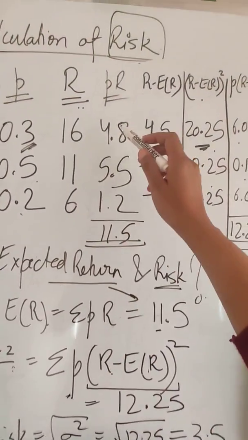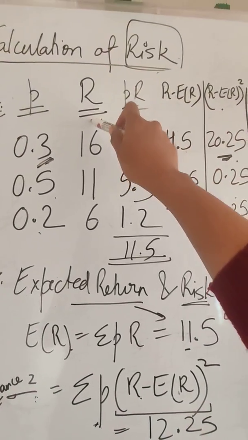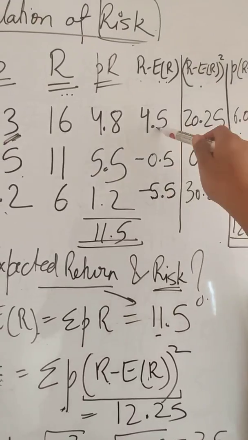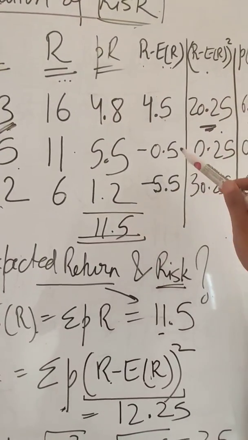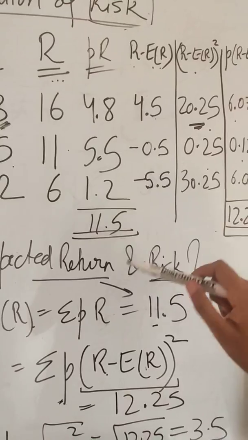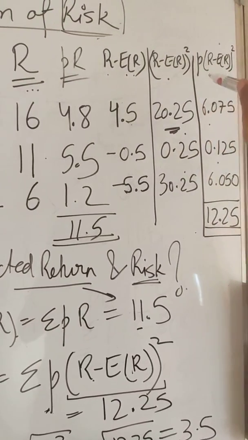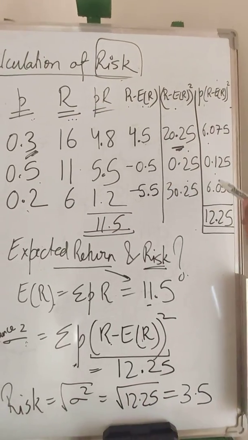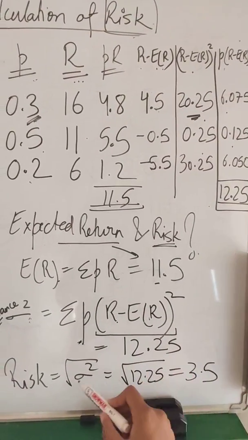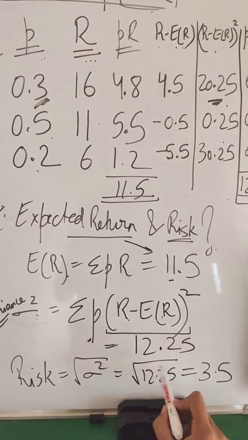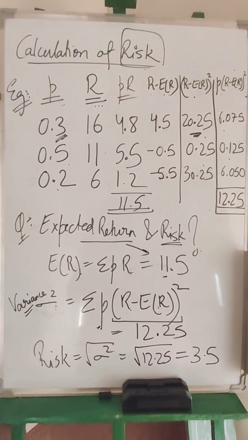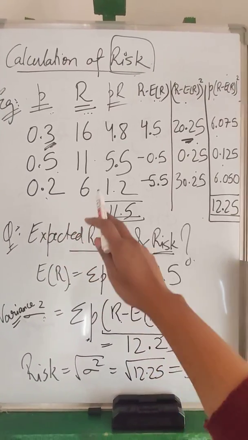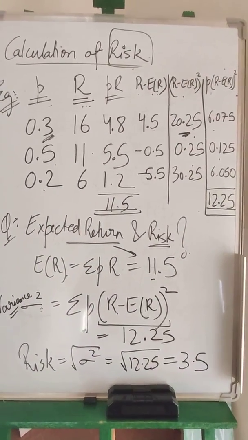So we start with the next column: return minus expected return, 16 minus 11.5, 11 minus 11.5, 6 minus 11.5. Then square it, then multiply by P, the probability, and then add it up, and finally, to find the risk, just take the square root. Got this? This is how you calculate risk in any of the scenarios. Probability and return will be given to you, and everything else you have to calculate.